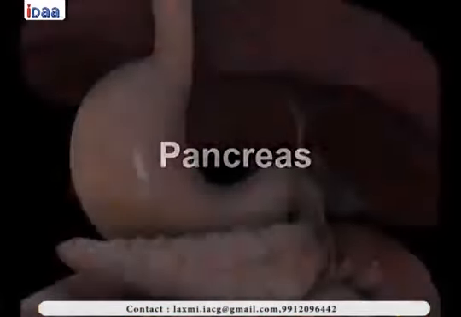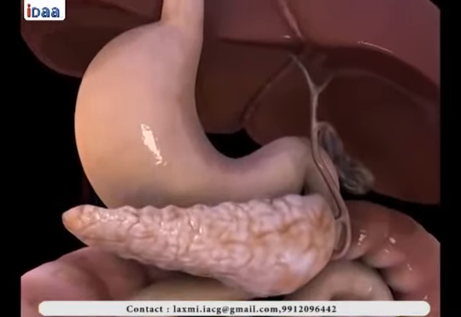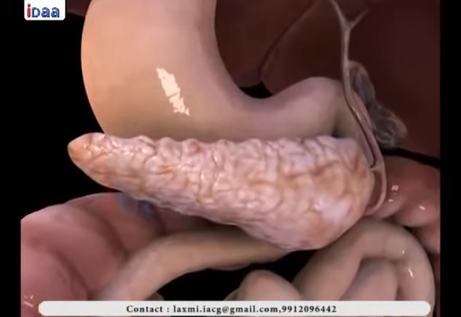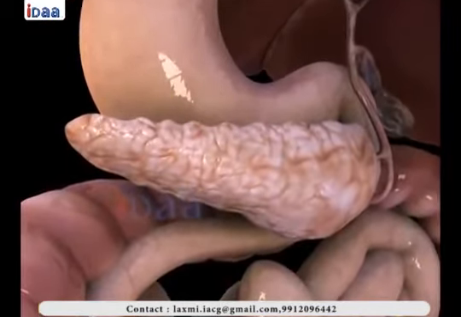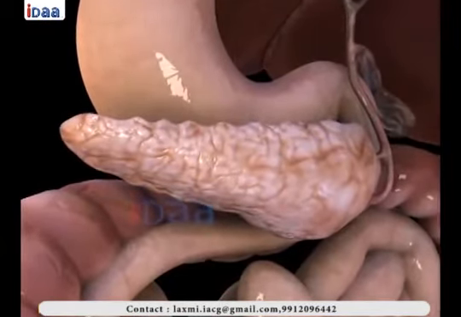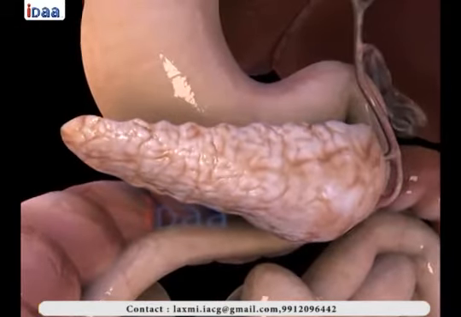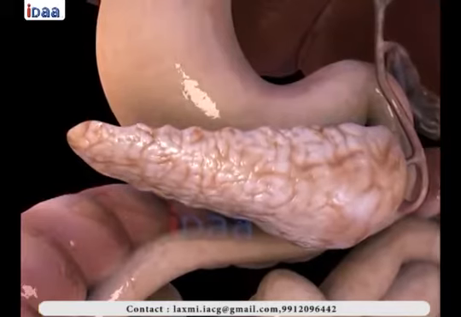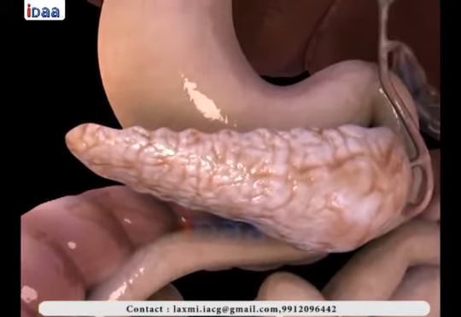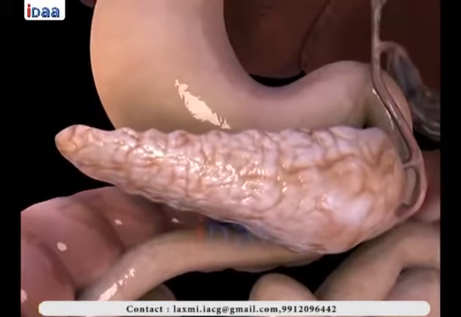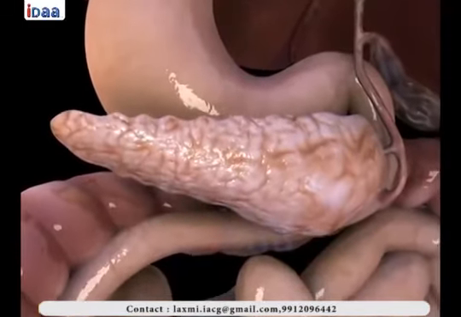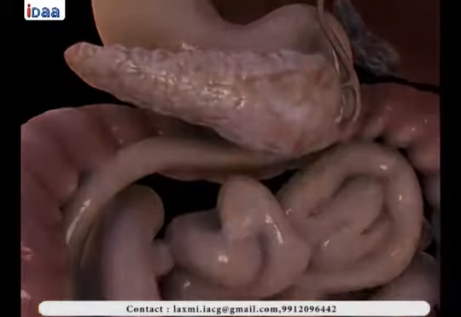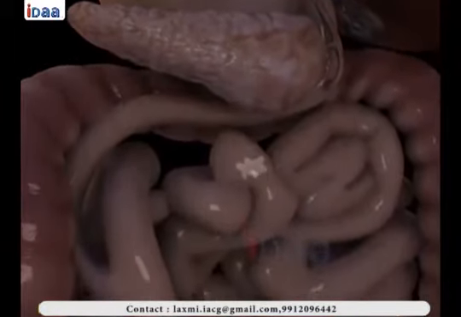Pancreas. The pancreas is a leaf-shaped and cream-colored gland located just below the stomach. It secretes pancreatic juice which acts and breaks down carbohydrates, proteins and fats. After this is completed, the partially digested food reaches the lower part of the small intestine where intestinal juices act upon the food and complete digestion of any remaining components in food.